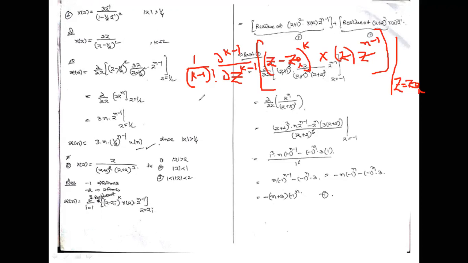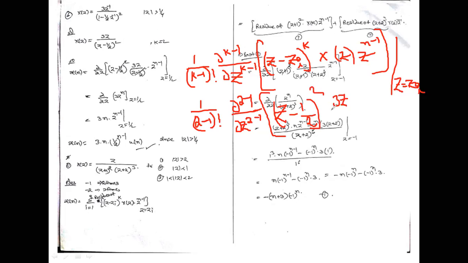What is k? K is equal to 2. So 1 by 2 minus 1 factorial, dou power 2 minus 1 by dou z 2 minus 1, and whole multiplied with z minus 1 by 2 whole square. What is x of z? 3z by z minus 1 by 2 whole square, and z power n minus 1, at z is equal to 1 by 2.